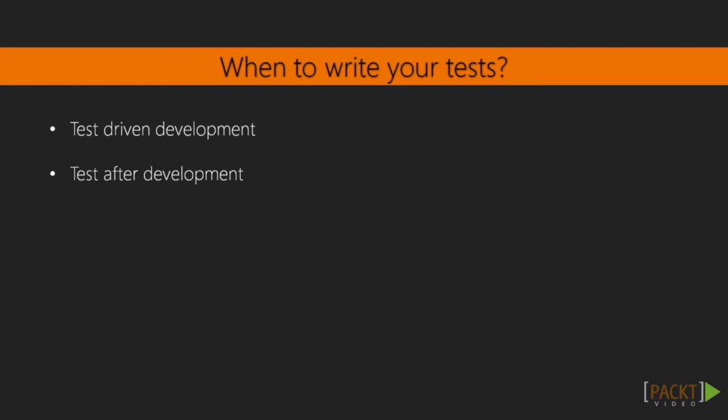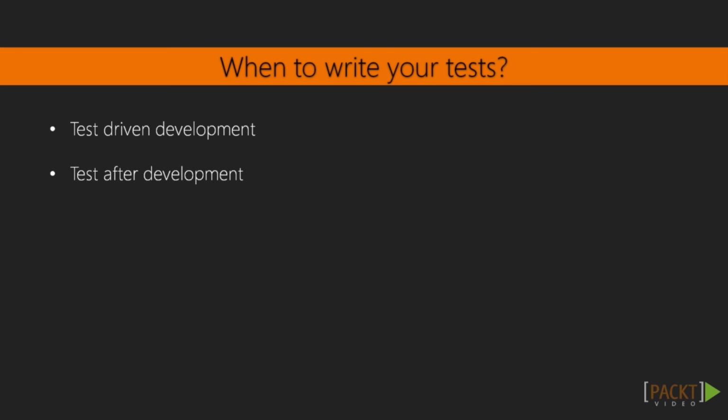When it comes to automated testing, there are two dominant approaches about how to write tests and when to write tests. The first approach is called test-driven development, or TDD. Test-driven development is a development process that relies on the repetition of a very short development cycle.